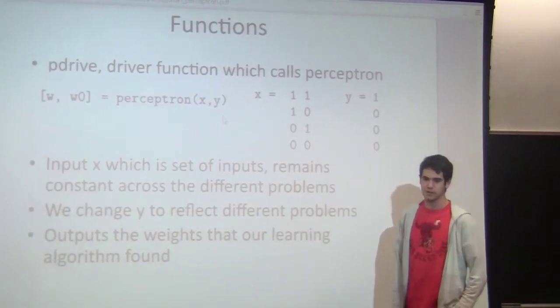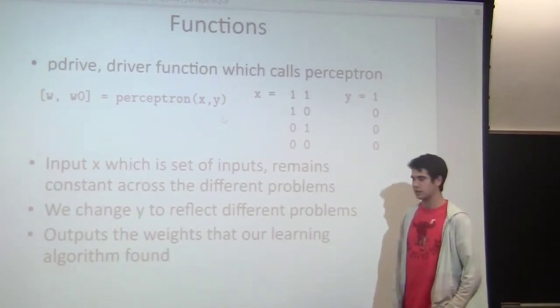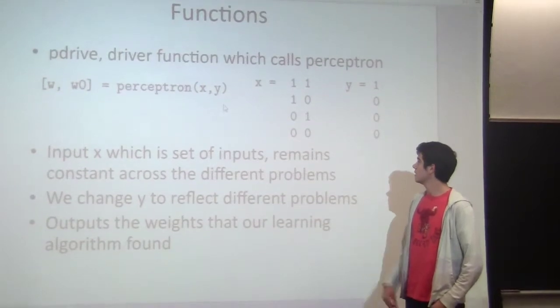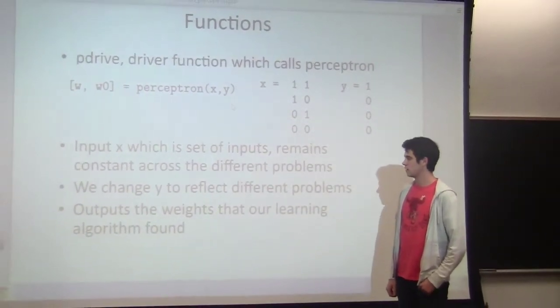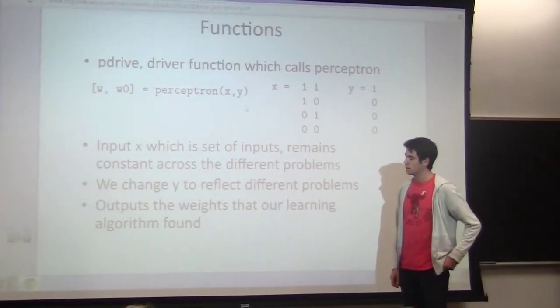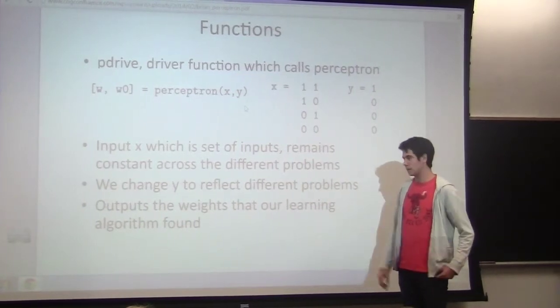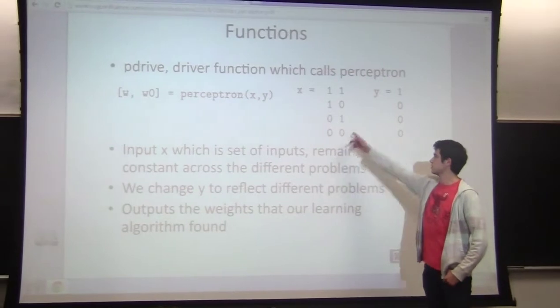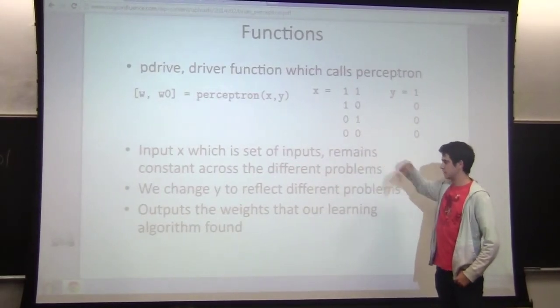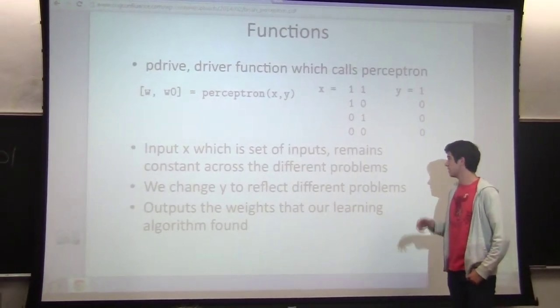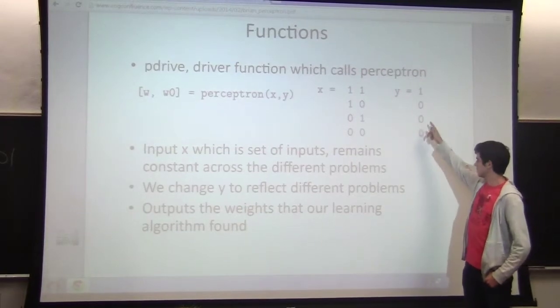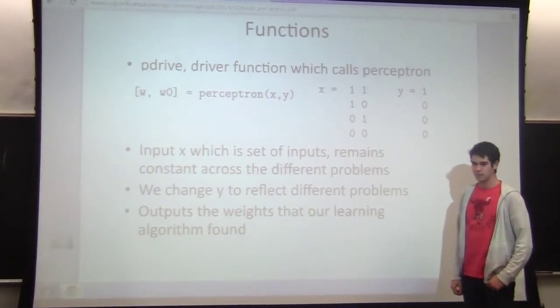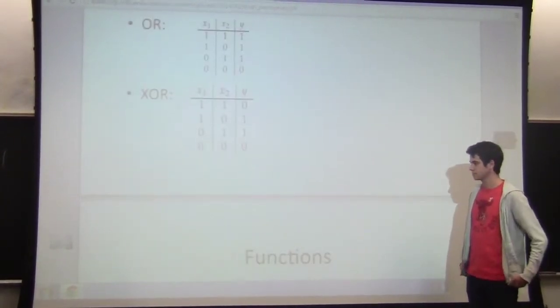For the actual function, we have 2 functions. The driver, called pdrive, just calls a function we write called perceptron, which does the learning algorithm. For perceptron, the input values are these x's, and for each of the 3 problems they remain constant; what we change is our desired y values. Do you see why they remain constant?